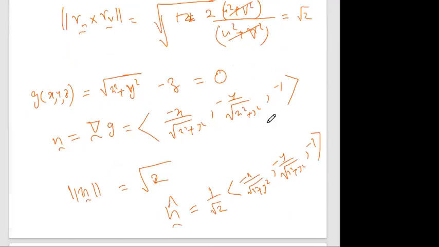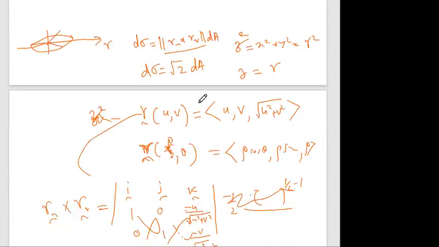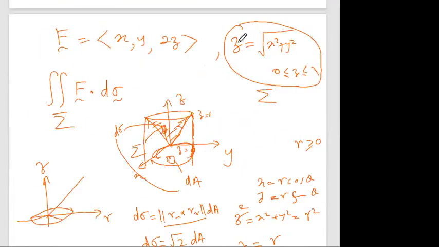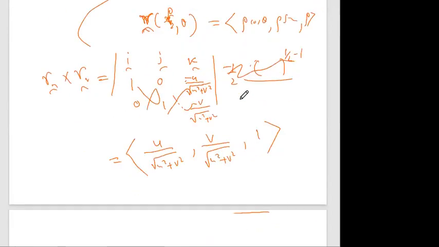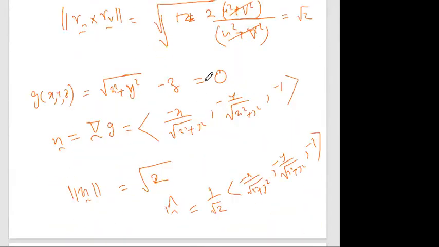So this is your surface here. The surface is defined, so I took this variable to the other side, and that equals 0, right? So this is a function of x, y, and z, which is equal to 0. This is one of the level surfaces, right?